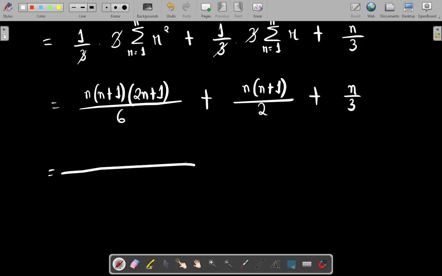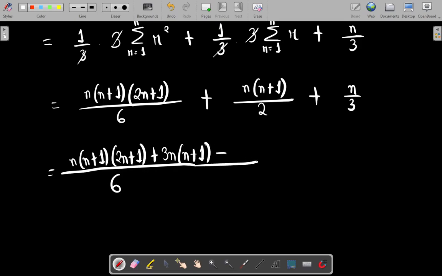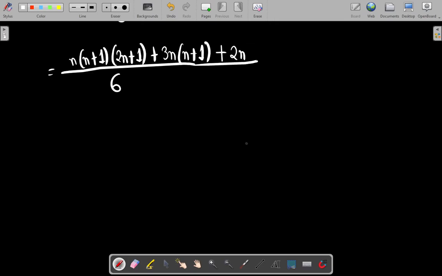On taking the LCM here, we have 6. The first term, the numerator will remain as it is, for the second term the numerator will be multiplied by 3, 3n into n plus 1, and for the third term the numerator will be multiplied by 2, so this is 2n. In the numerator, n can be taken common. If I multiply these two terms, this will become 2n square plus 3n plus 1.